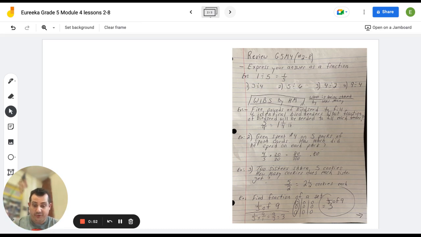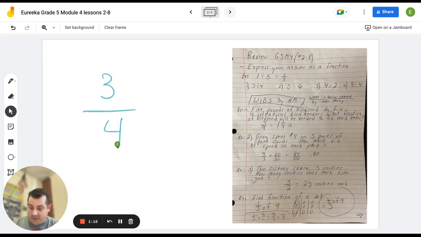The first number becomes your numerator, the second number becomes your denominator. This is what is being shared by how many. So in 3 divided by 4, 3 items are being shared by 4 people. So let me write that here.